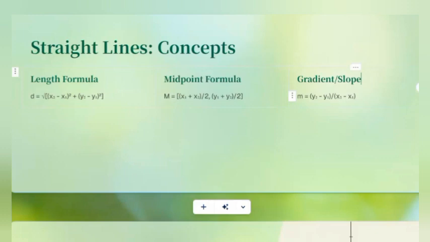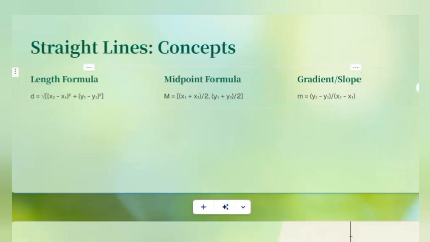If you change this order, your answer is going to change, right? So it's the y2 that comes first and the x2 that comes first when you are subtracting for the slope formula. And likewise, in the length formula, x2 minus x1 and y2 minus y1 is squared as well, which is going to cancel out.